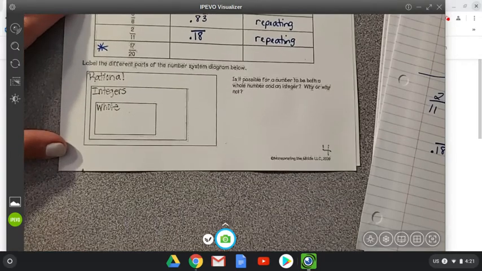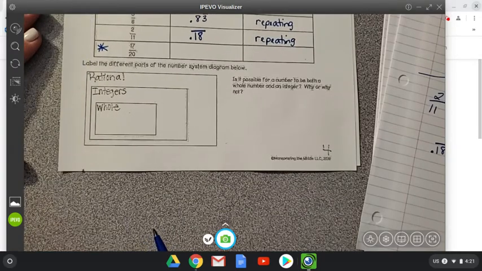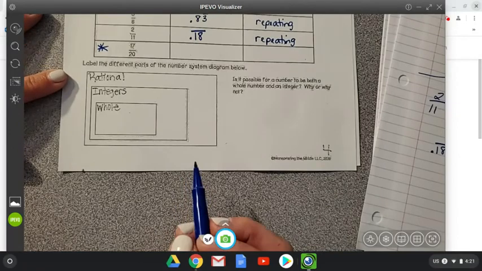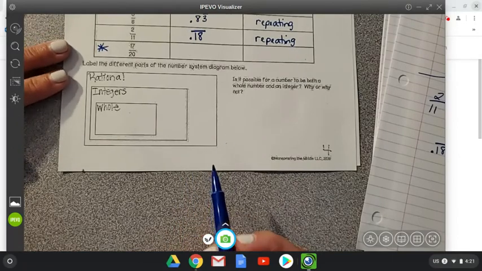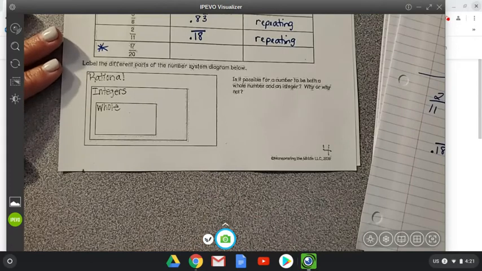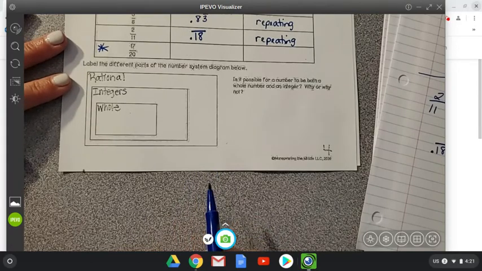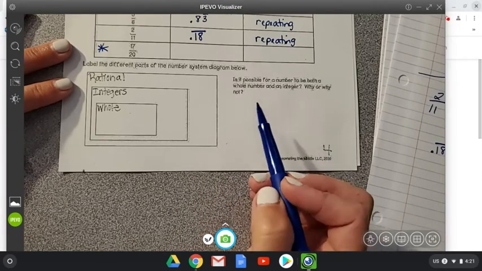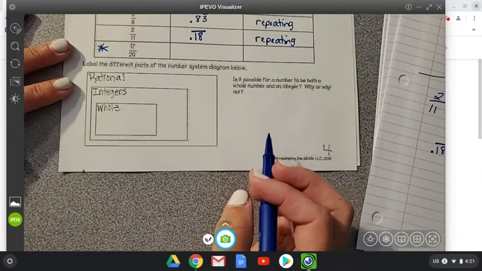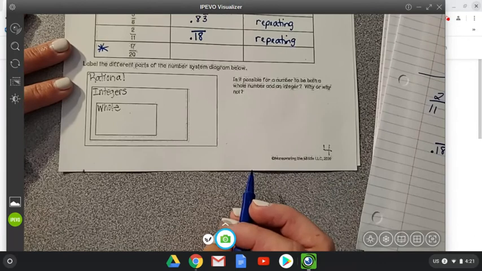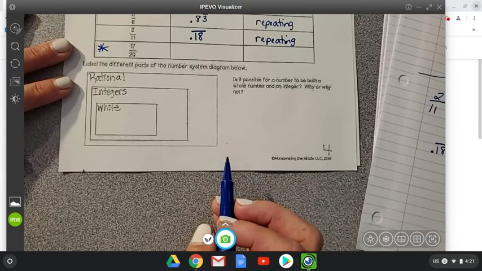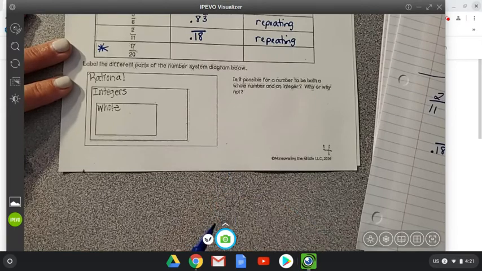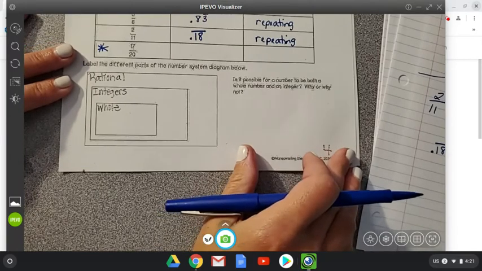Now that we're back, I am going to explain this just a little bit, but you're going to do this on the Ed puzzle, and then when we get back on our lab meet, we're going to talk about this some more together as a discussion. So the question is, is it possible for a number to be both a whole number and an integer? Why or why not? And so you're going to do that on your Ed puzzle.